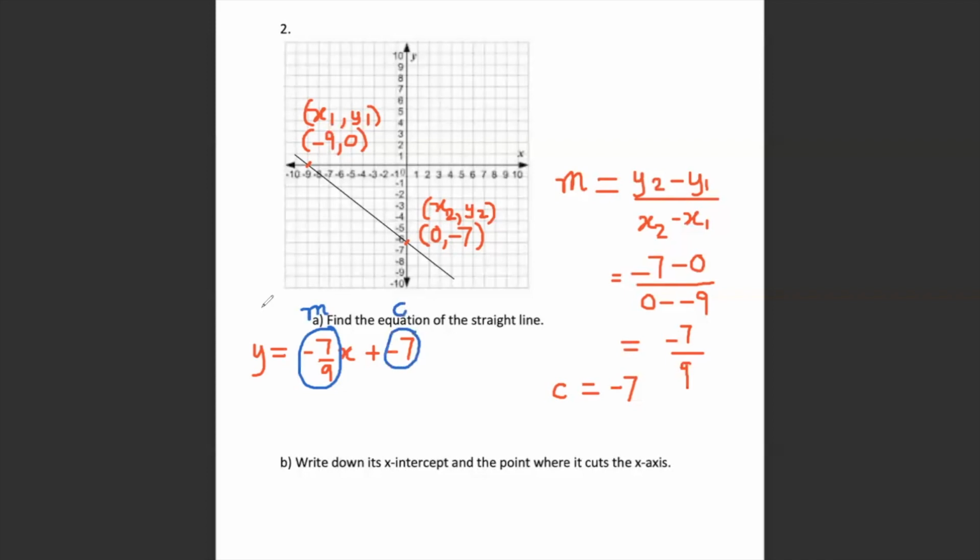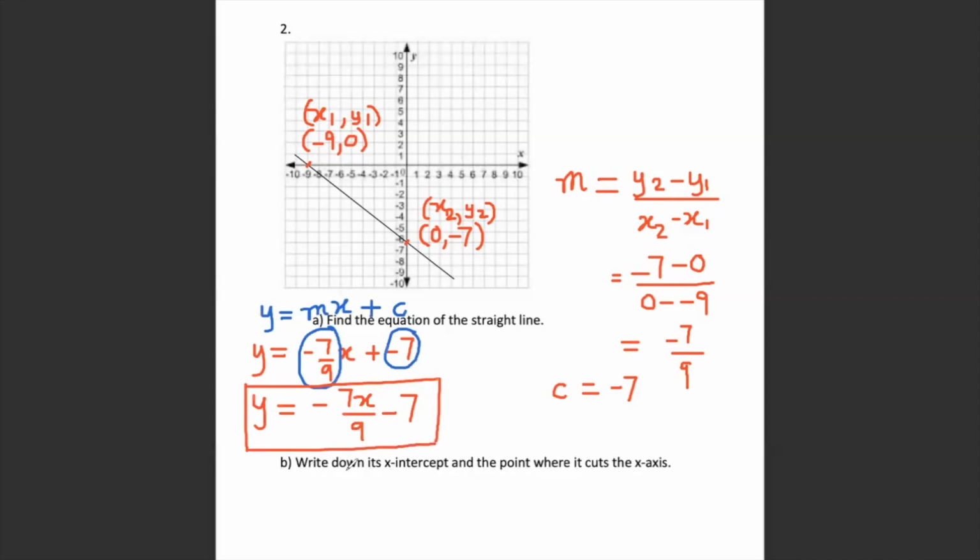So we have actually written y equals mx plus c. So now if we just simplify it, it will become y equals minus 7x over 9. Plus and minus gives us a -7. So that's my equation. That's the equation of this particular straight line.